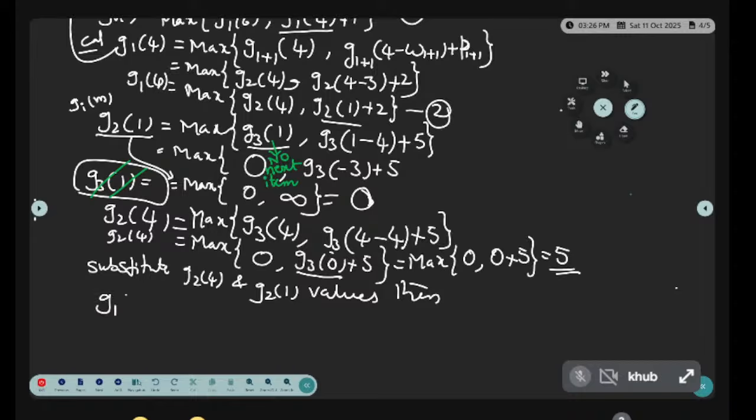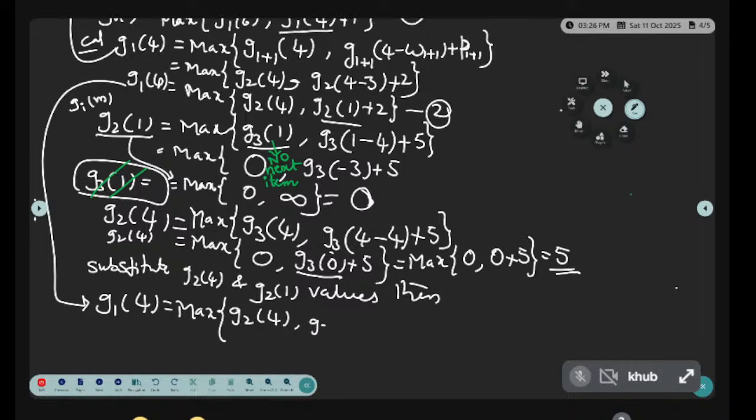Equation 2: G1 of 4 is equal to the maximum of G2 of 4, comma G2 of 1 plus 2.